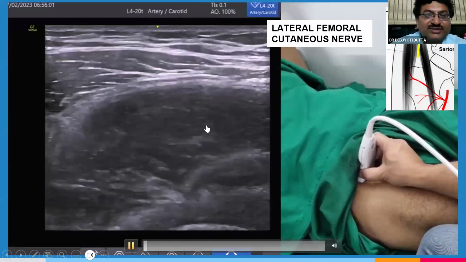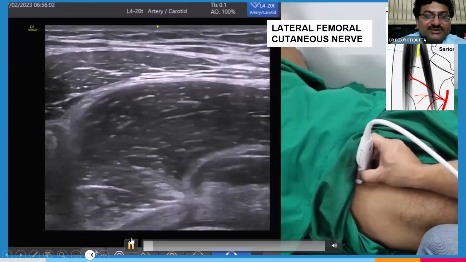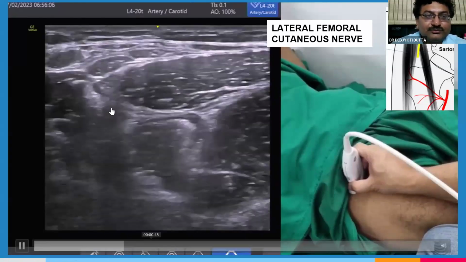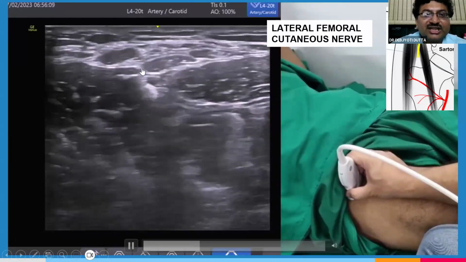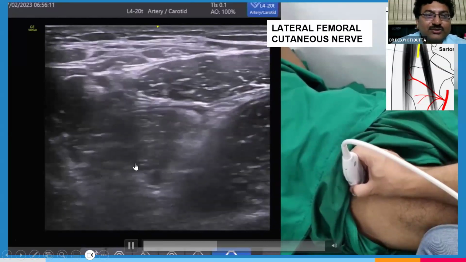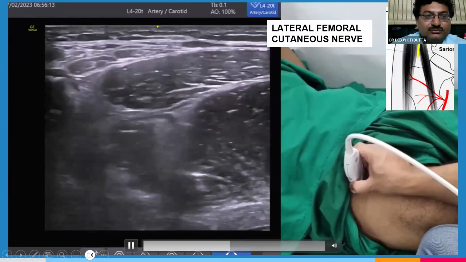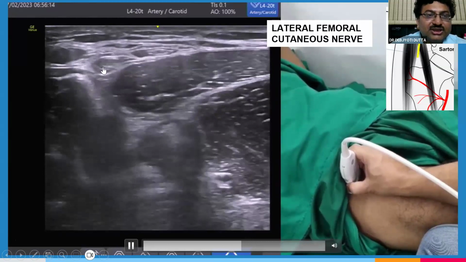LFCN, sartorius, going lateral to the sartorius. So we need to search at this point, the lateral side of the sartorius. See, here it is.